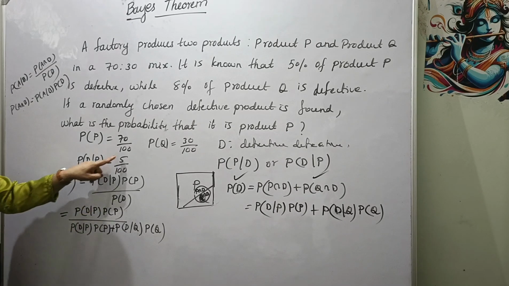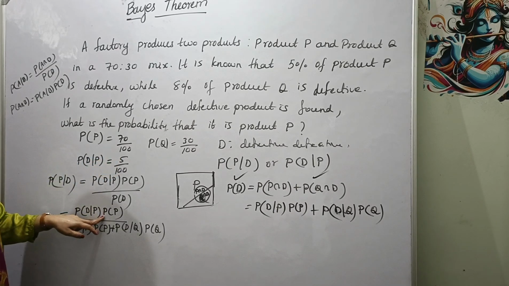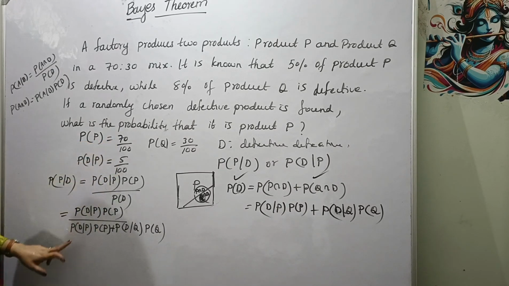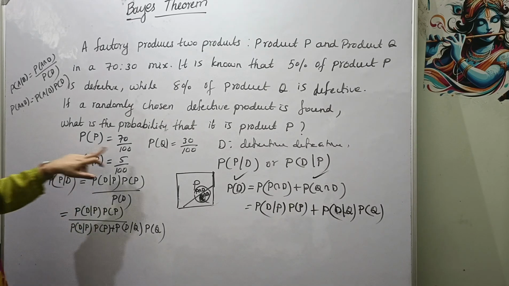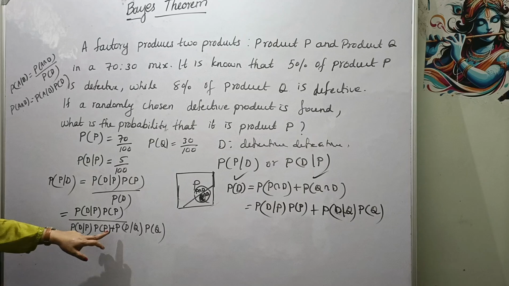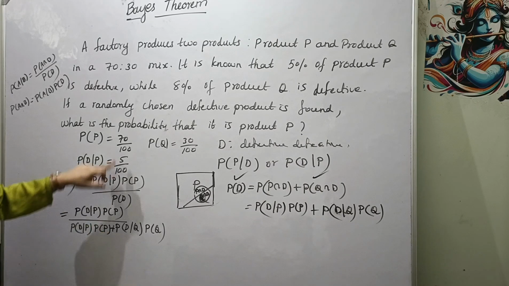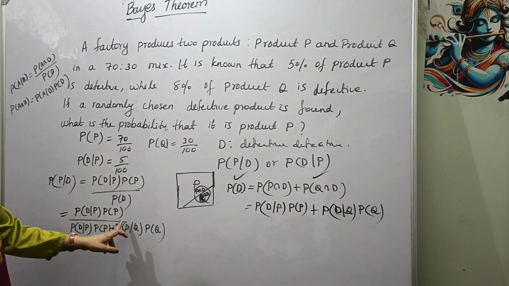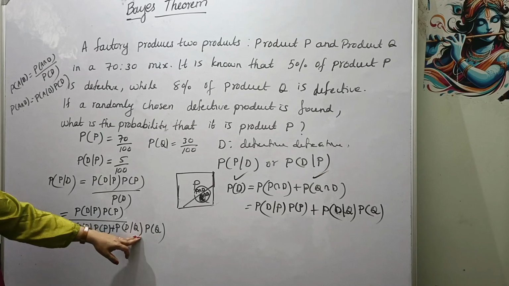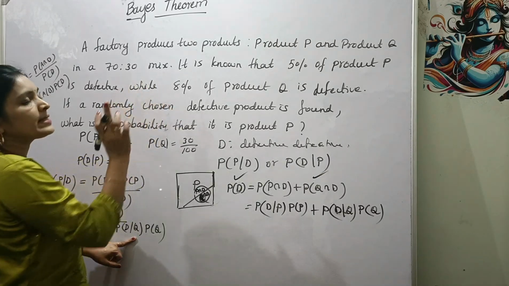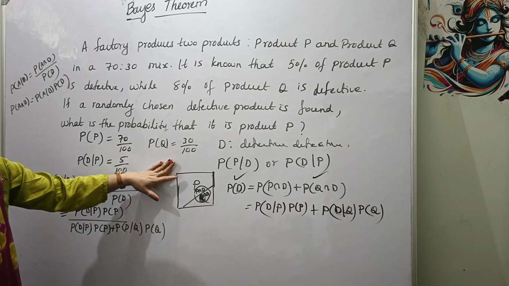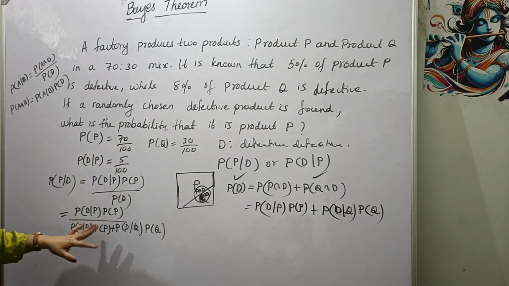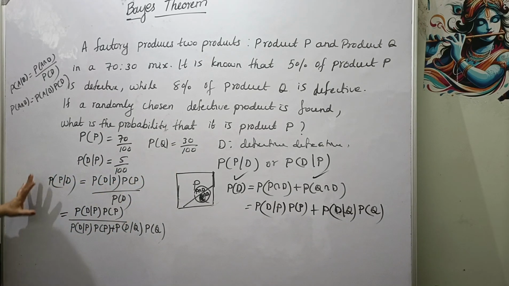Probability of D given P is 5 by 100 and probability of P is 70 by 100, plus probability of D given Q is 8%, that is 8 by 100, and probability of Q is 30 by 100. Now substitute the values and find the probability of P given D.